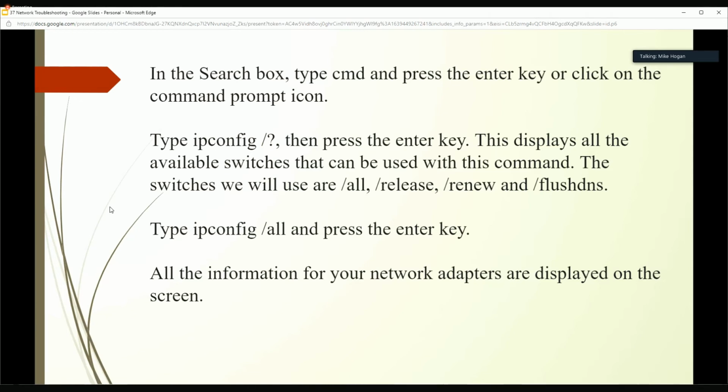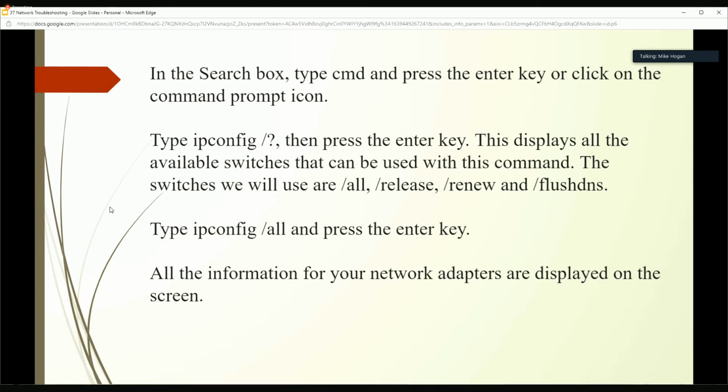Your IP addressing looks like it should, just like you saw in the video. You can see your IP address, your default gateway, your DHCP server, your DNS server, all of those different things. And you can walk through and make some sense of it: are you having problems with everything, or only a few things?